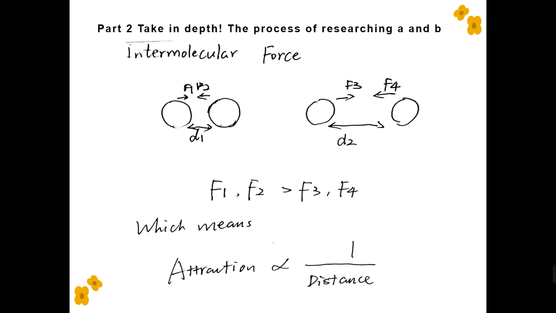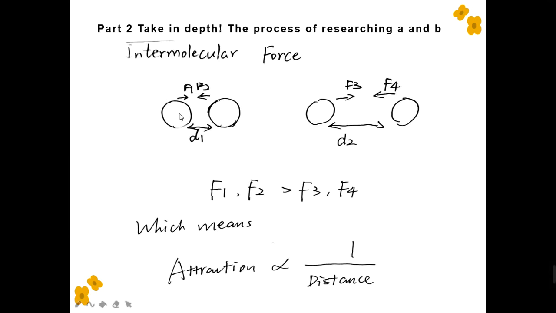Today my deeper topic is to take you through my process of researching a and b. I said intermolecular force is considered in the real gas law and it is related to a. So what is intermolecular force?